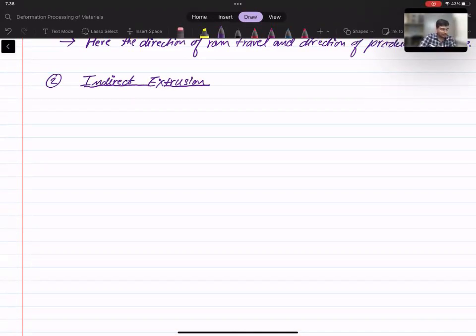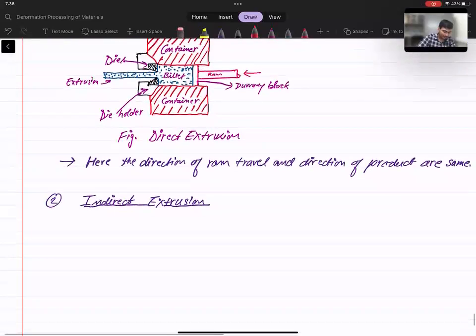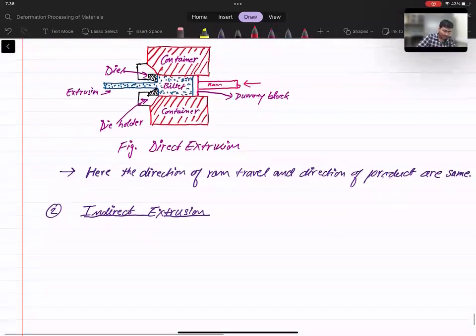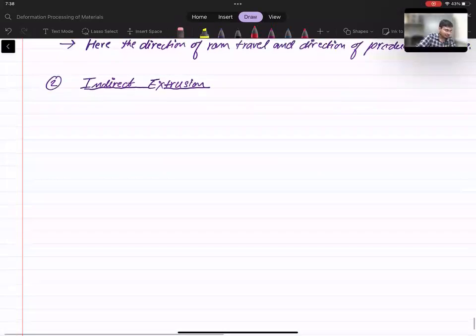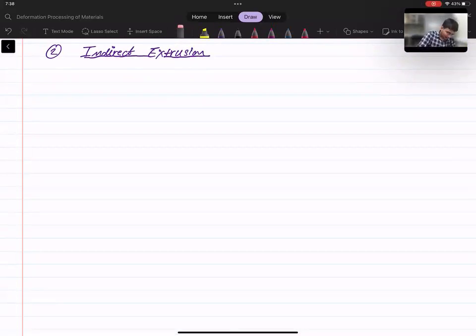Okay, so let me draw the schematic so that it can be more clearly visualized. Okay, so it will be similar to this. Okay, let me draw it. So suppose we had the container.